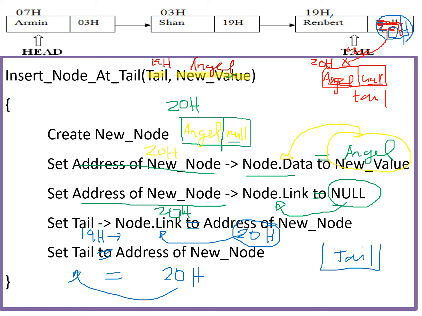Initially, ang tail natin is 19h. So, ngayon, na-assign na natin na 20h. Therefore, hindi na ito ang magiging tail at ang tail na natin is itong bagong node. Okay? So, we have now inserted a new node at the tail.